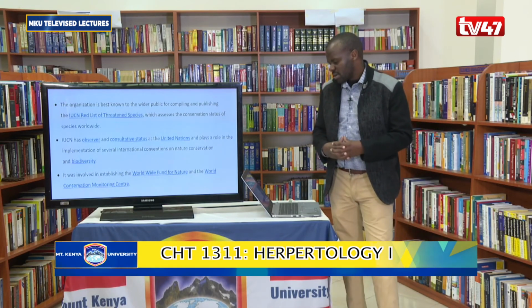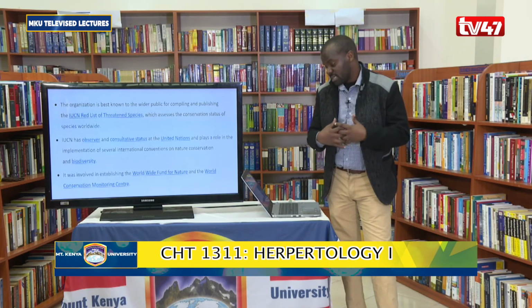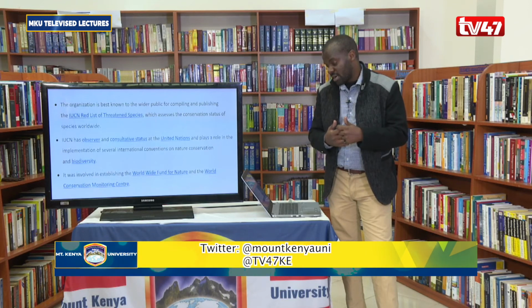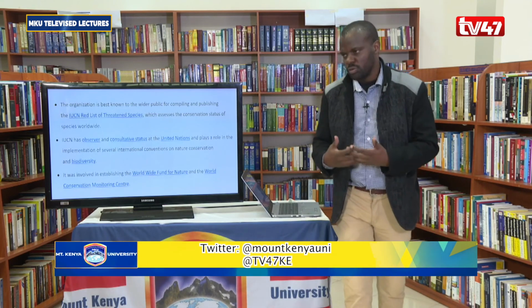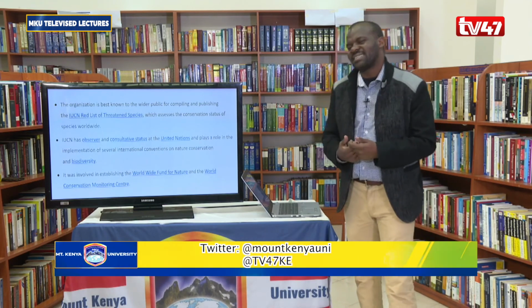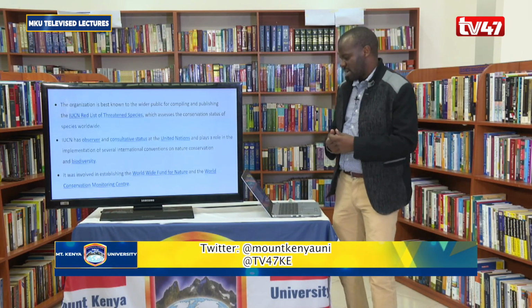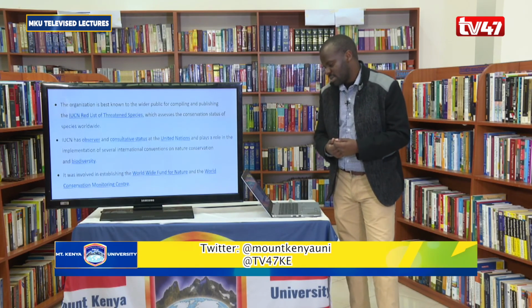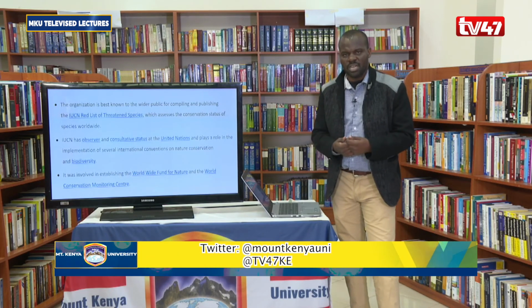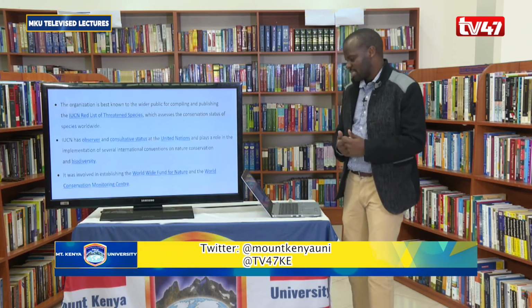They are also participants in the establishment as well as implementation, as per what the members agreed to do, as per what the treaty says. So they become observers and consultants, working together with the United Nations to ensure that these international conventions are not taken for granted, but are implemented as per the signatories of this type of treaty.